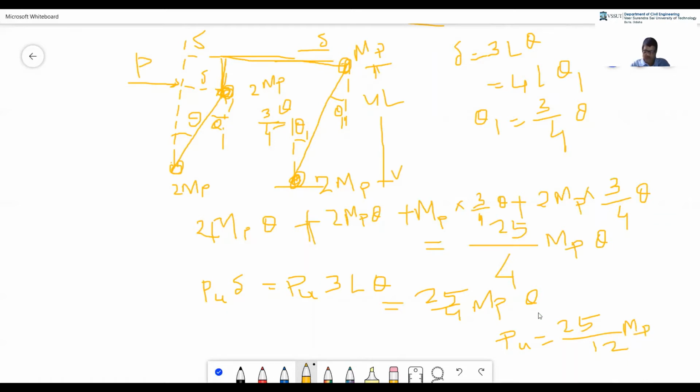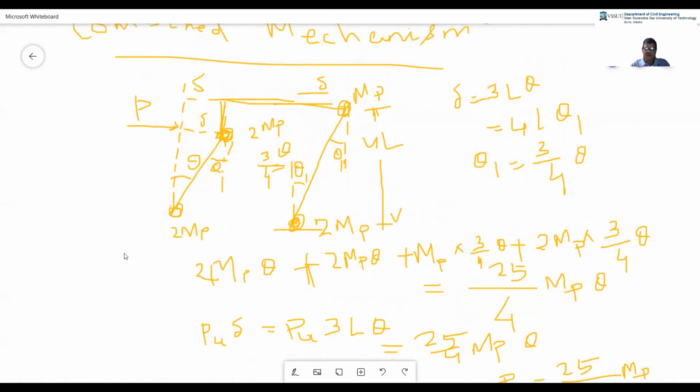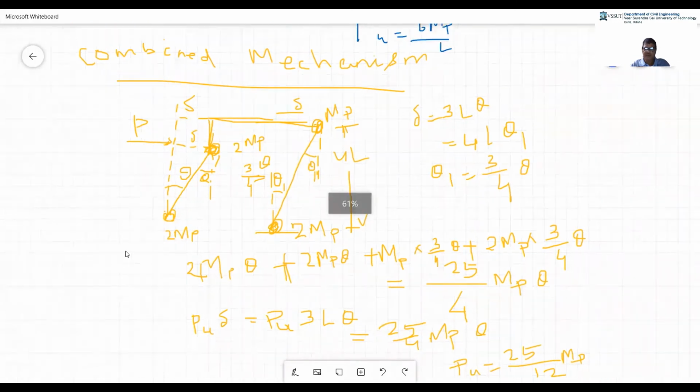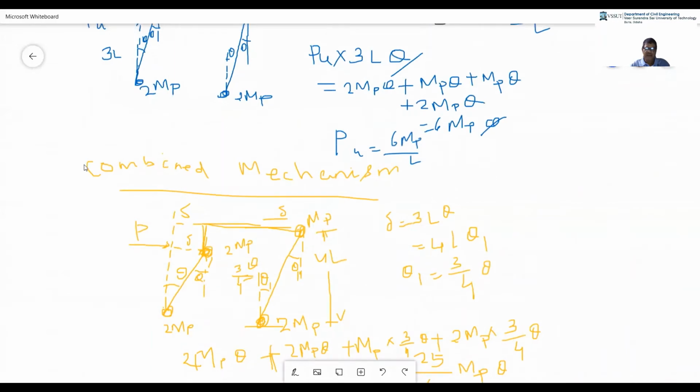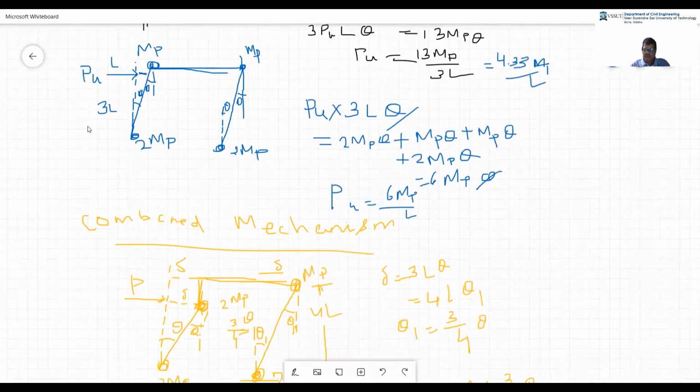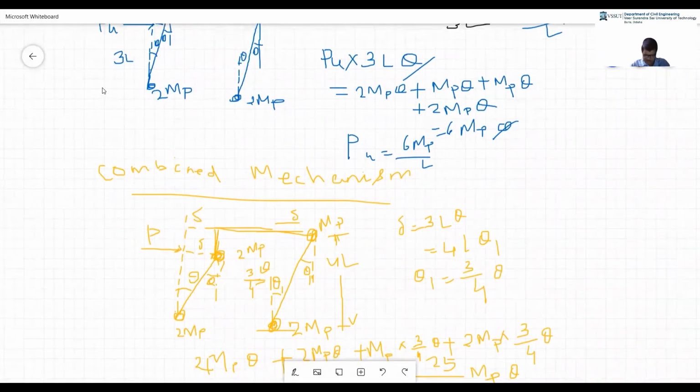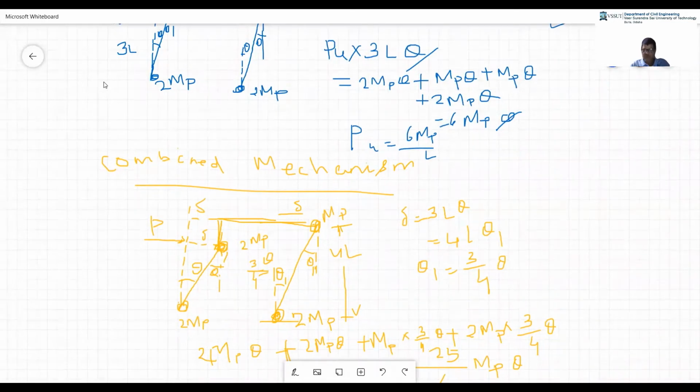What is the least load from all these things? This is 2 point something, and we have found 1:2 MP by L. We can see what we have got. We have 6 MP by L here, and initially we found 4.33 MP by L. So what is the lowest load now?